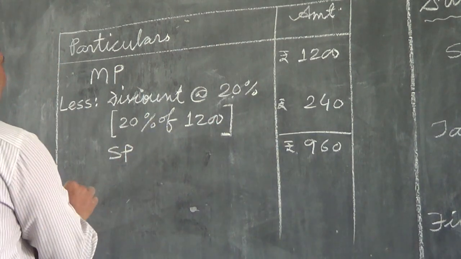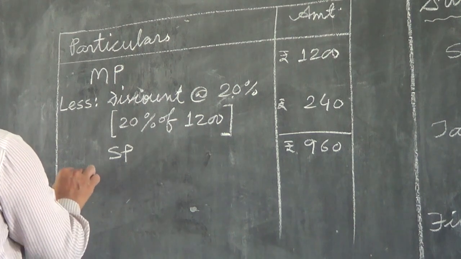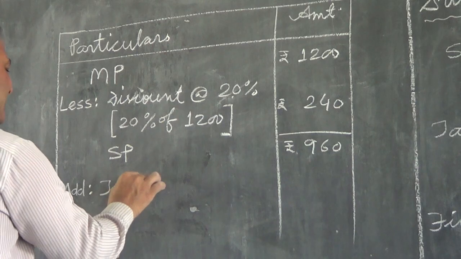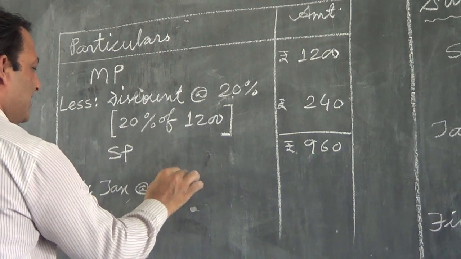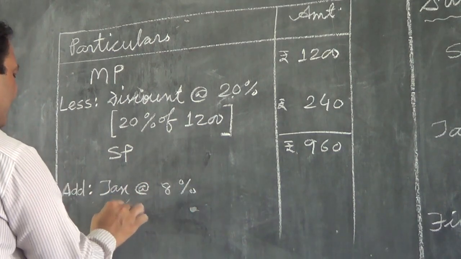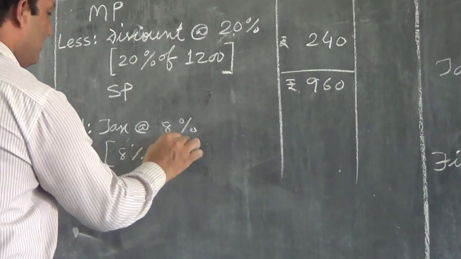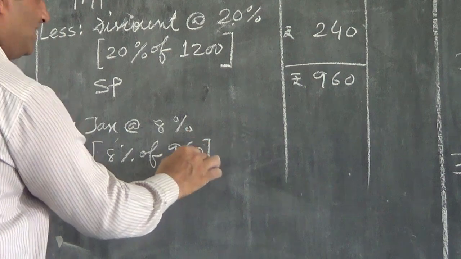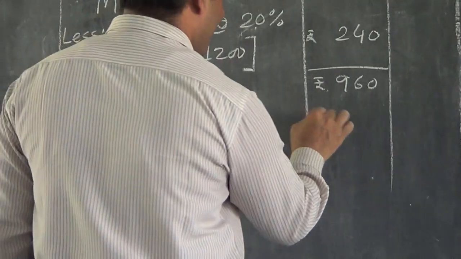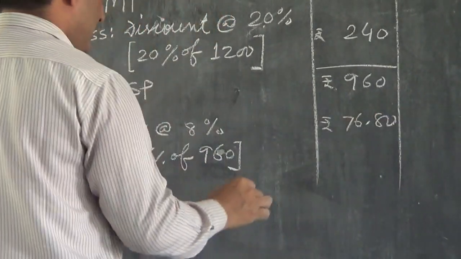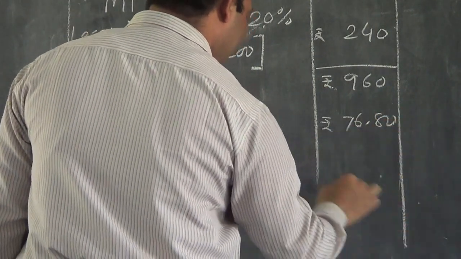Then what I will do here, add tax at 8%. So I will write here 8% of 960, and my answer came 76.80.